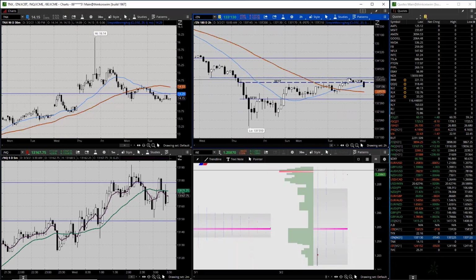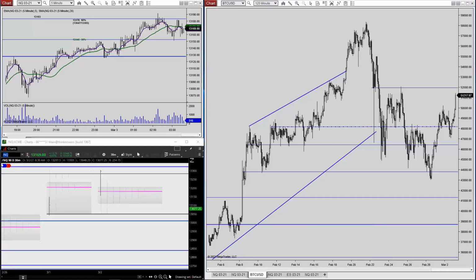We actually moved to new highs, which means lower lows in rates, and we actually saw indices sell off. So I think we're almost in a Jekyll and Hyde type of situation where markets aren't sure what they really want to do. It makes it a little bit difficult to trade indices at the moment. You have to be careful.